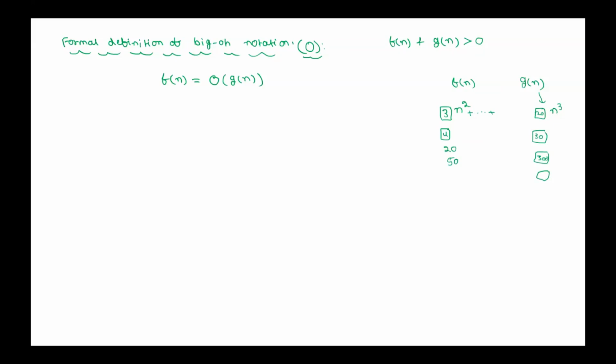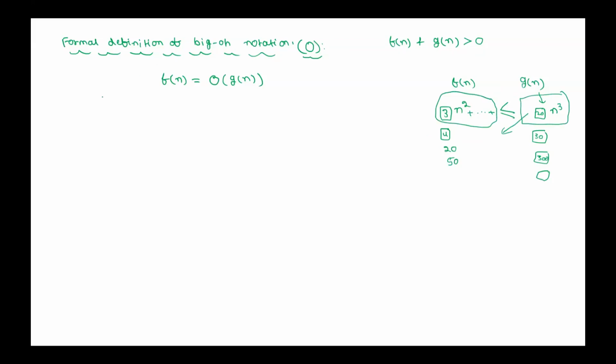So ignoring this constant, numerically it is less than or equal to this. If at all we are able to find a constant such that this numerical value is less than or equal to the numerical value here, then we can select some constant here.